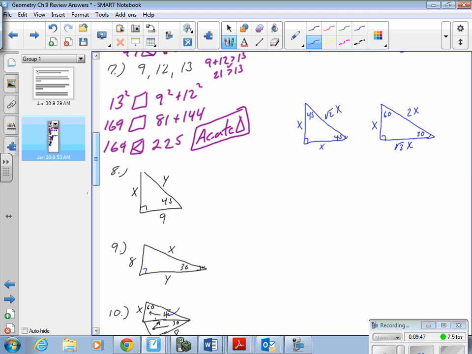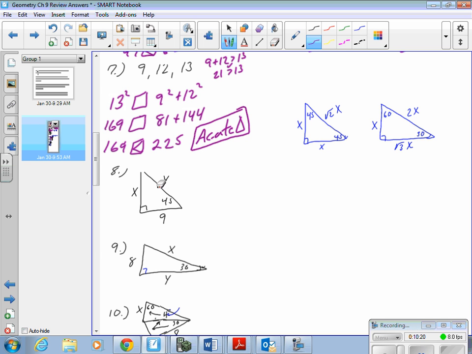Alright, so then 8, 9, and 10 all deal with our relationships of special right triangles. And the first one, number 8, is a 45, 45, 90 right triangle, which follows this relationship right here, where the two legs are the exact same length, so both represented as x here, and the hypotenuse is the square root of 2 times the length of a leg, square root of 2x.